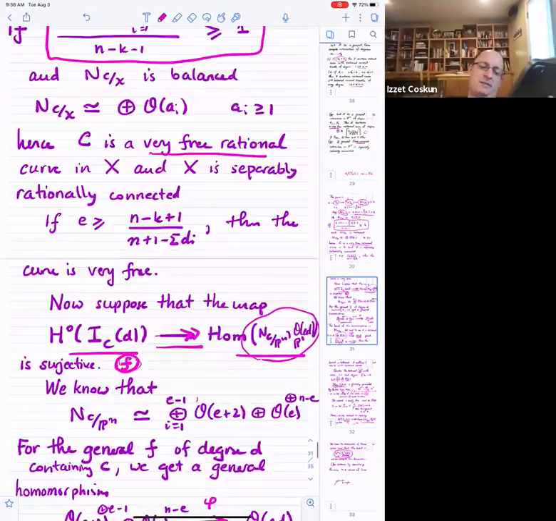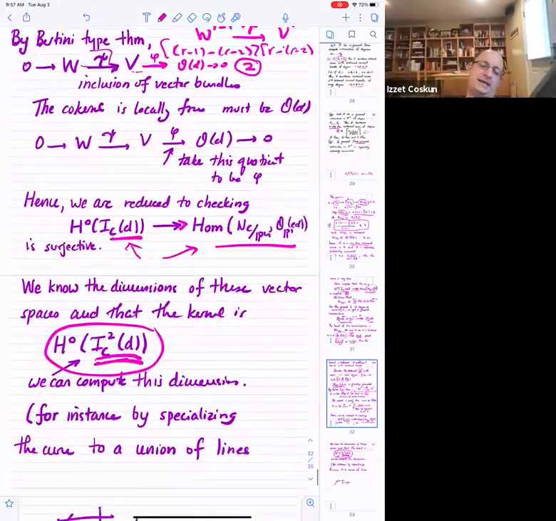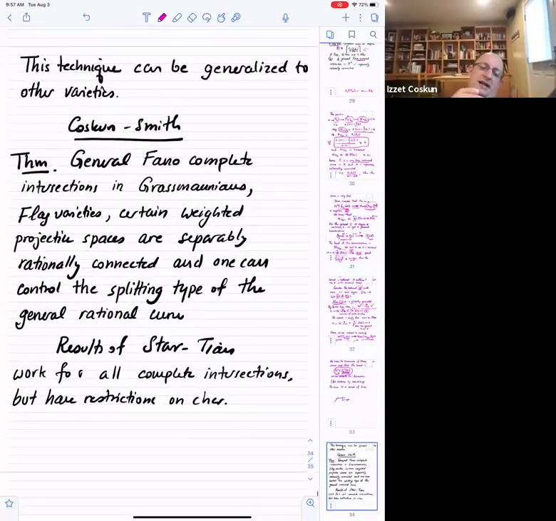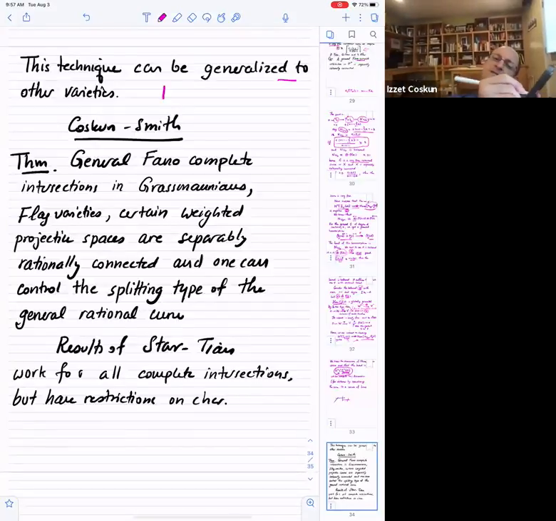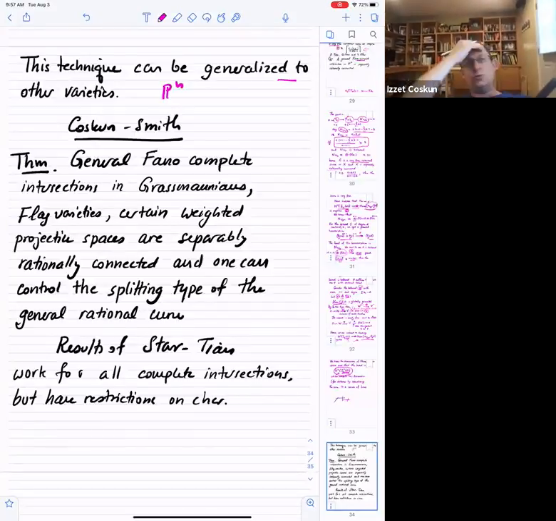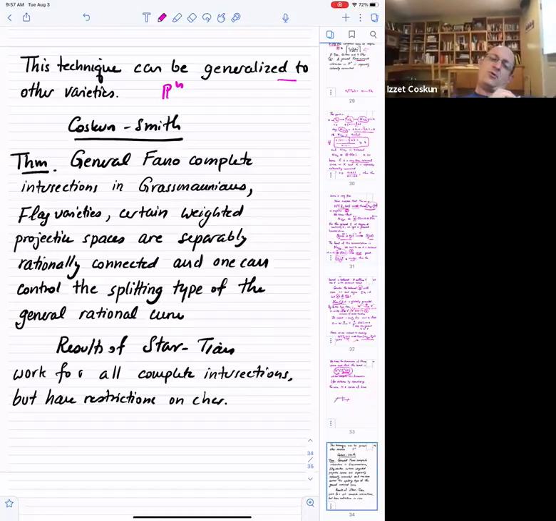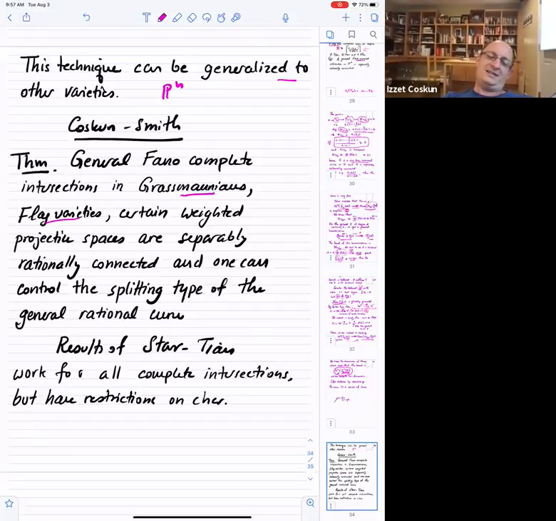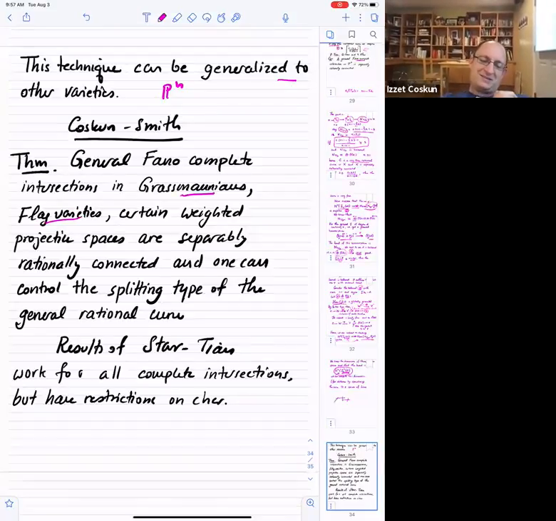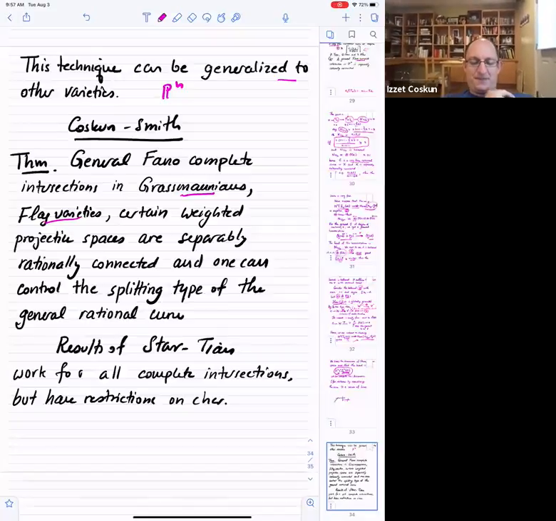Let me finish with some open problems. First, a remark that this can be generalized to other varieties. There's no reason to do only complete intersections in P^n. You can do other Fano families, you can do general Fano complete intersections in Grassmannians, flag varieties, certain weighted projective spaces, and so on and so forth.